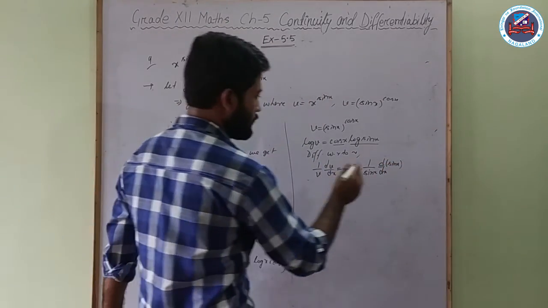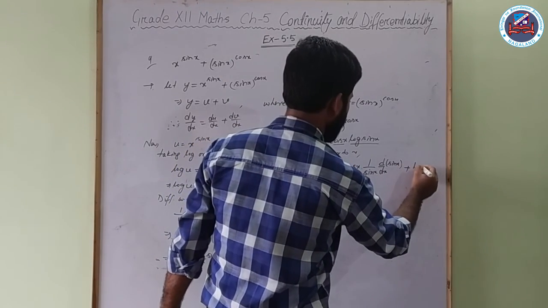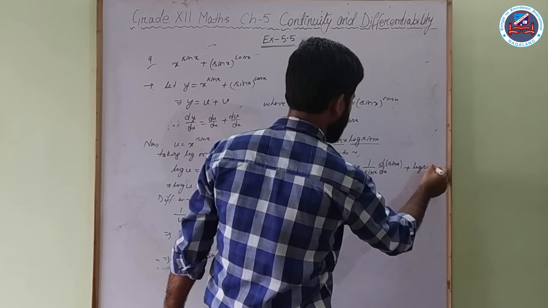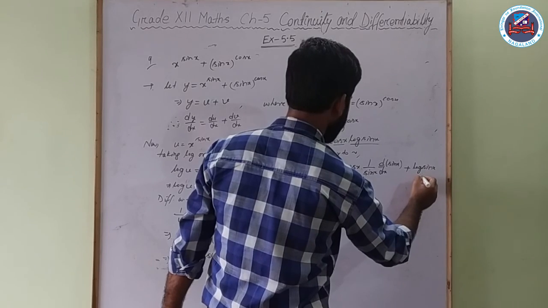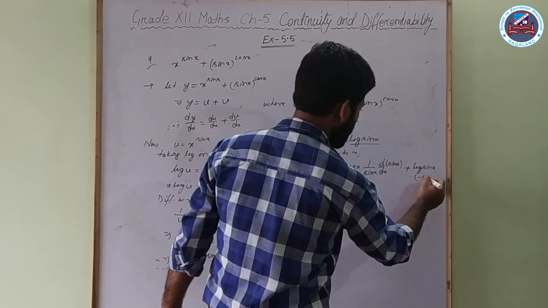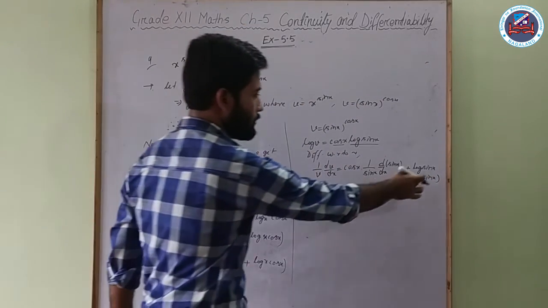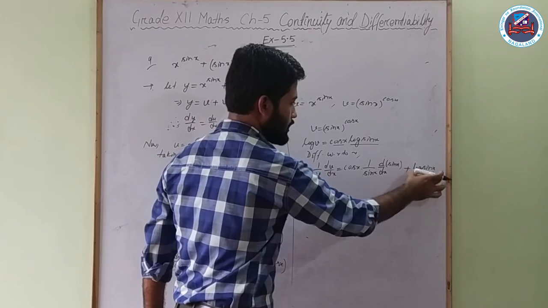Clear? Plus second function, that is log sin x, into the d/dx of first function. So what is the d/dx of first function? It is cos x, so it will be minus sin x. Fine. So remember, these two are in the multiplied form, these two are in the product.